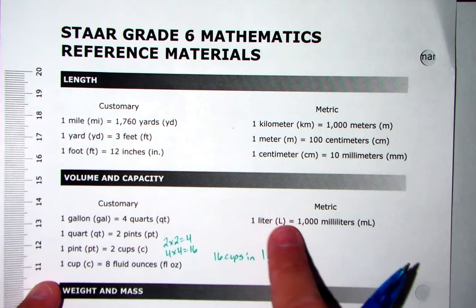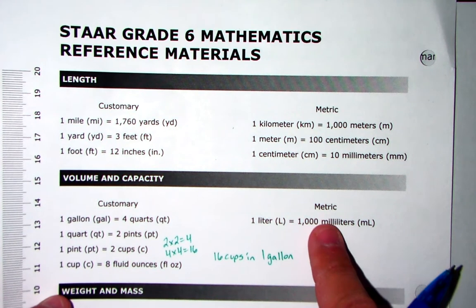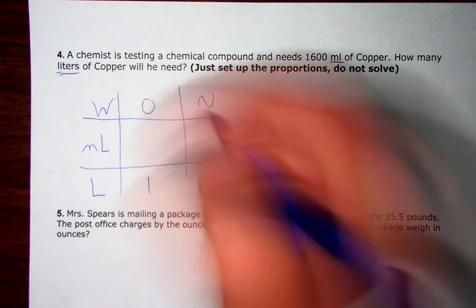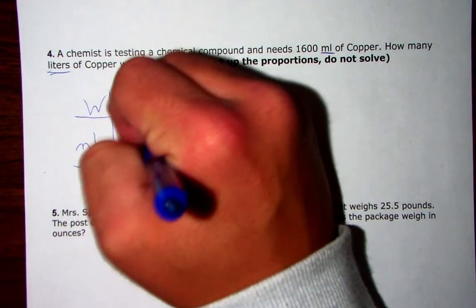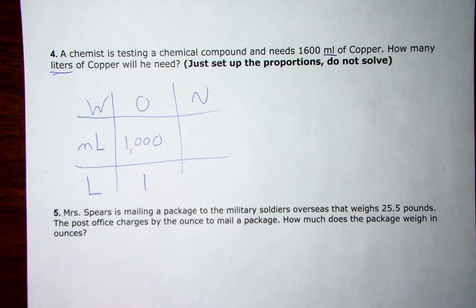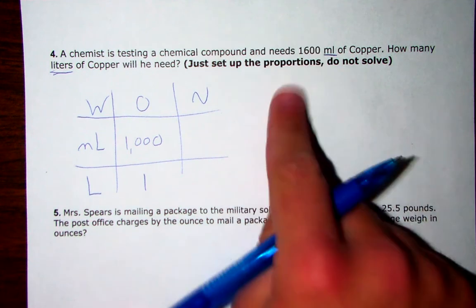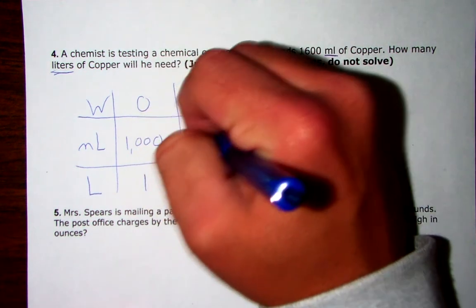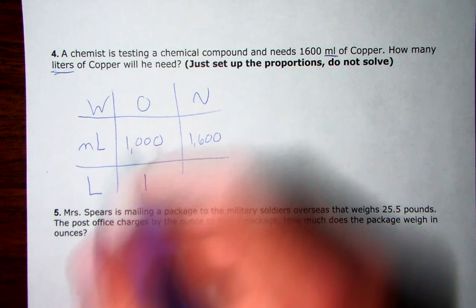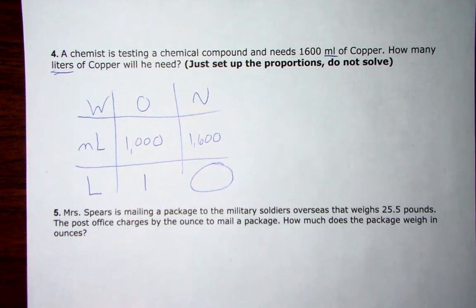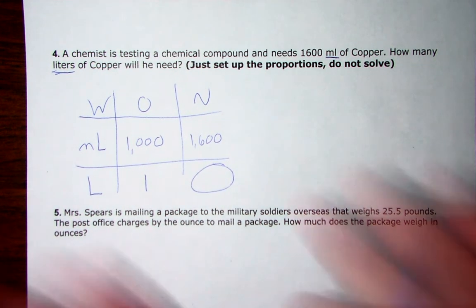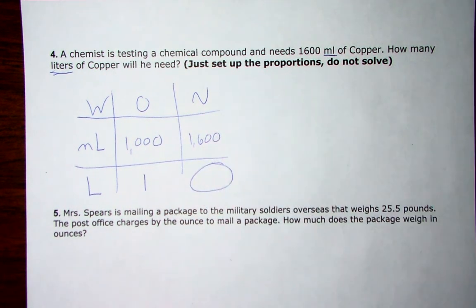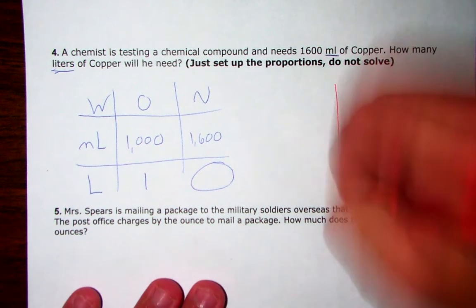Oh, here it is right here, metric. 1 liter is 1,000 milliliters. Now it says you have 1,600 milliliters of copper. We're solving for this piece right here. Guys, you're done. All I wanted to do to set it up. The other way you could set it up.